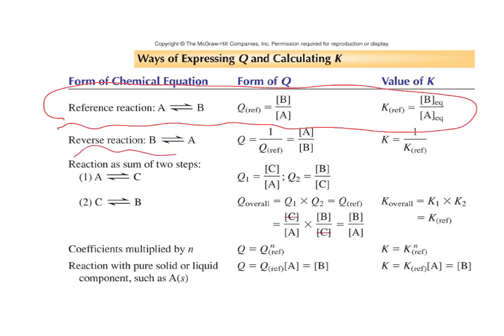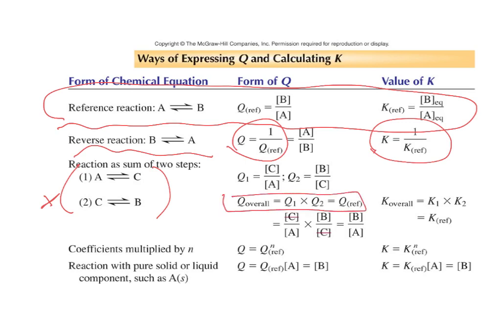Again, if you reverse the reaction, K and Q are now 1 over the original K. If you add together different reactions, what you need to do to the equilibrium constant, or Q, either one, is multiply the K values of the reactions you added.